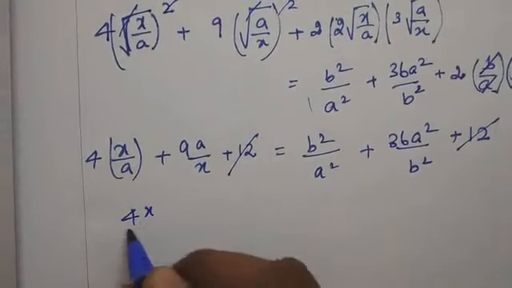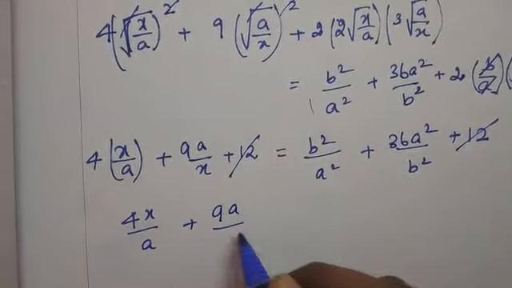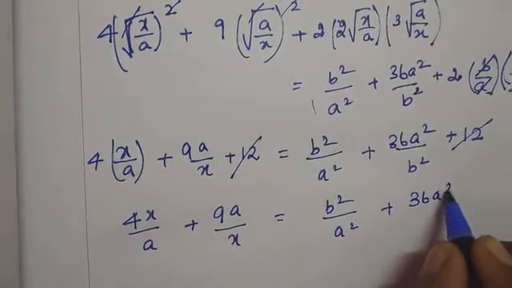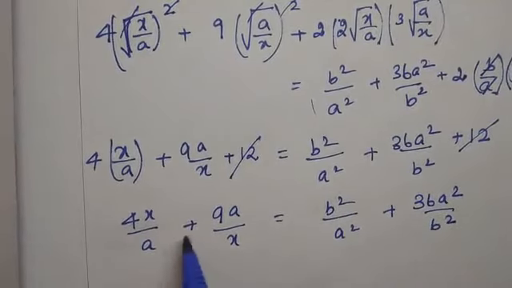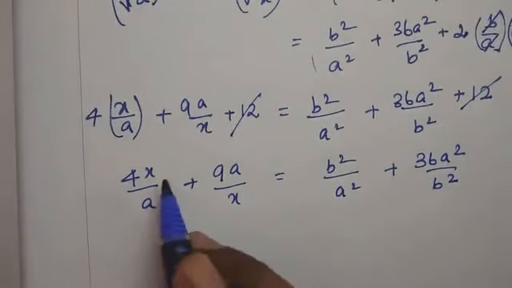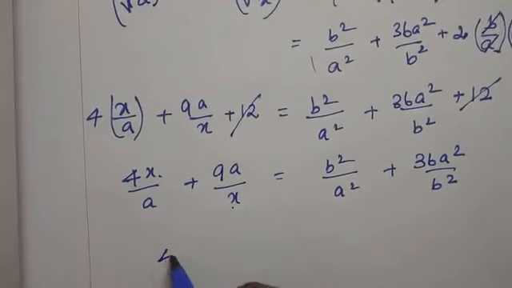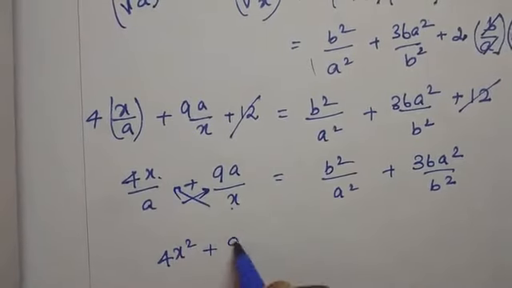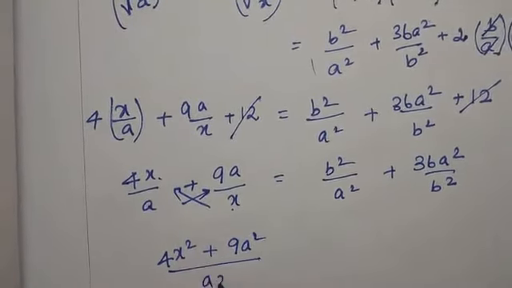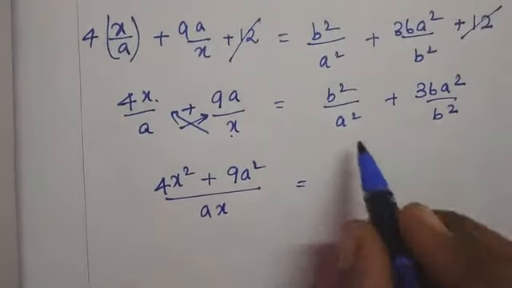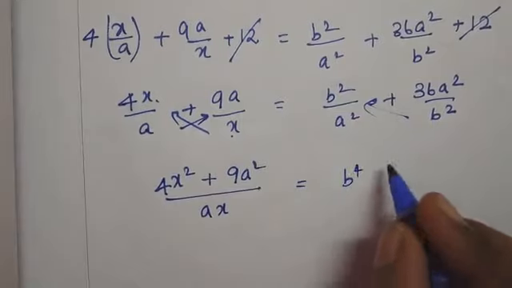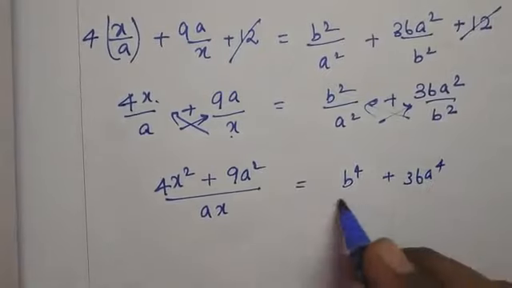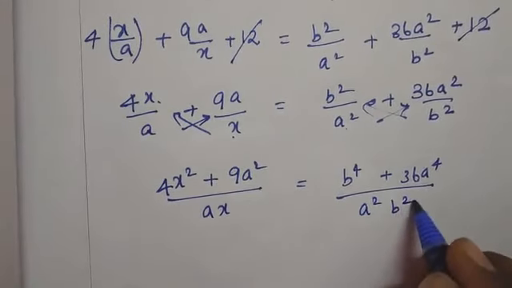We have 4x by a plus 9a by x, which is equal to b square by a square plus 36a square by b square. Now we'll take LCM on both sides. Then 4x into x, 4x square, a into 9a, 9a square divided by a into x, which is equal to, here also b power 4 plus 36a power 4 divided by a square into b square.